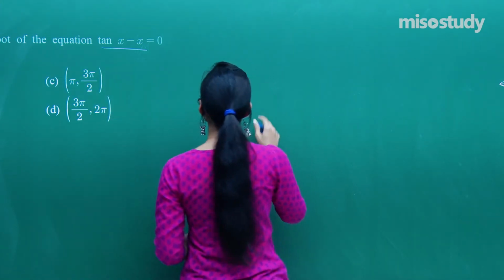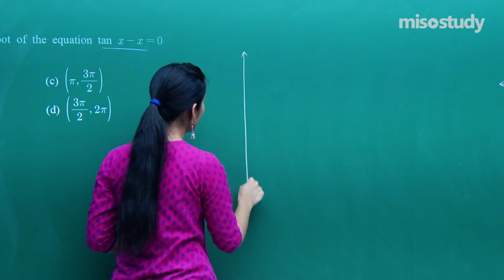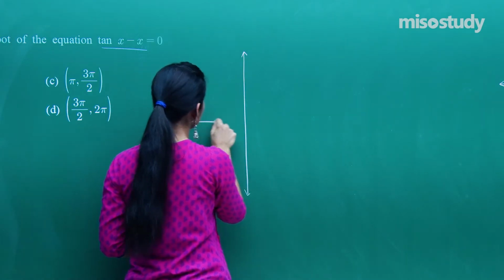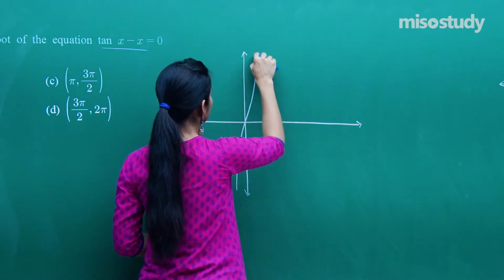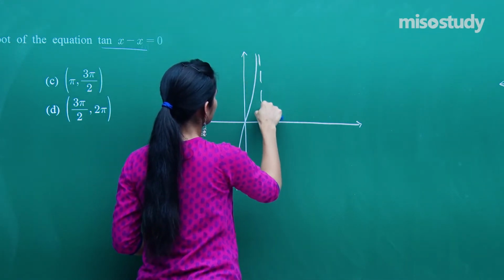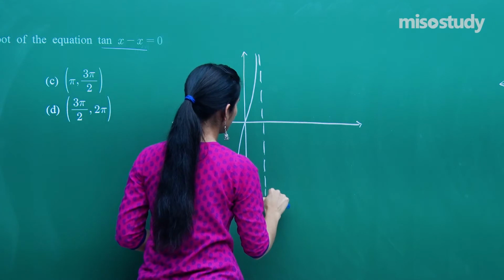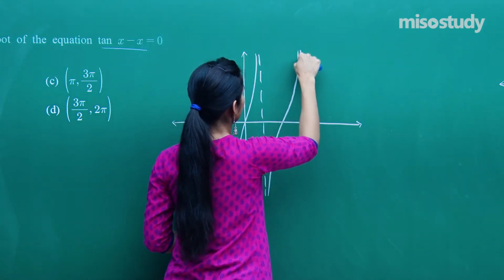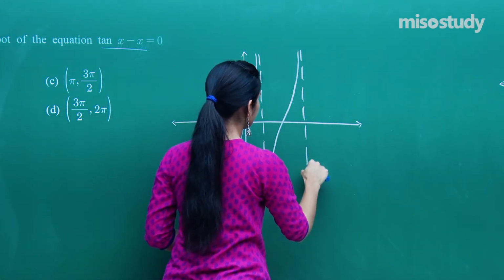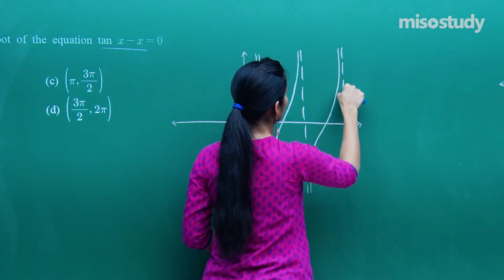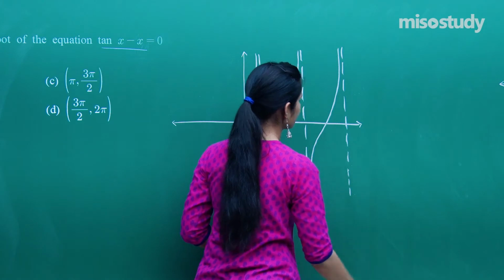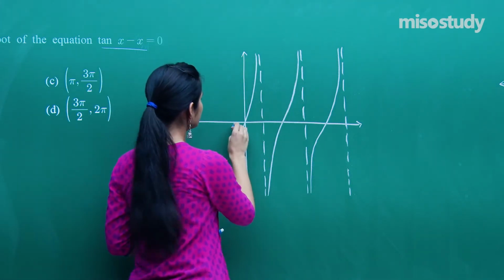So if I talk about the graph of the tan function, this is one complete form. This is another complete form. And then this is another complete form. Fine. This is my 0.